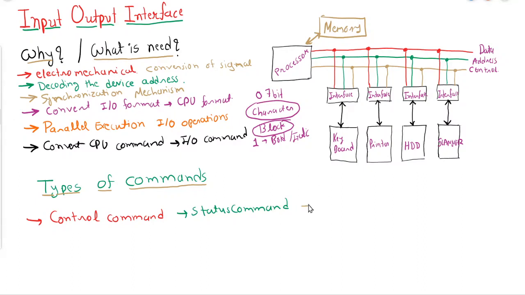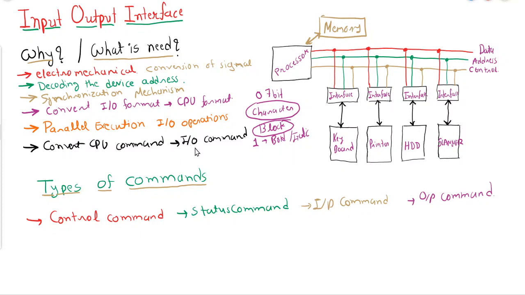The next command is input command. The next command is output command. So there will be four types of command which will be specified by the CPU, and forwarded to the input output device by the interface.